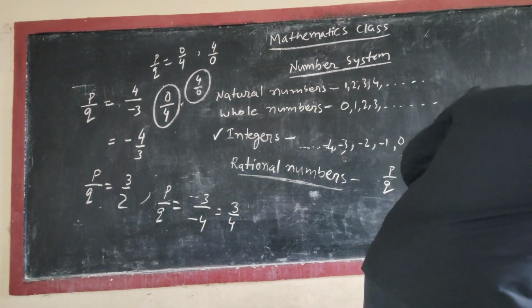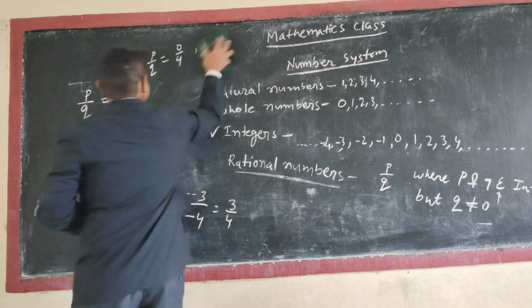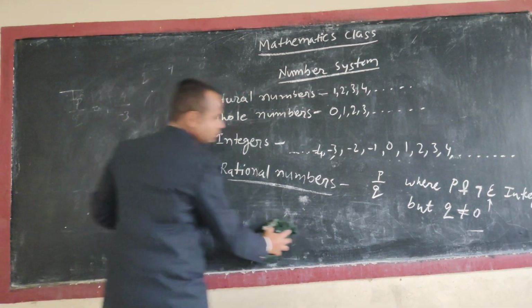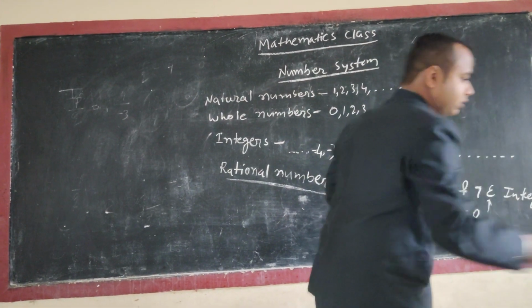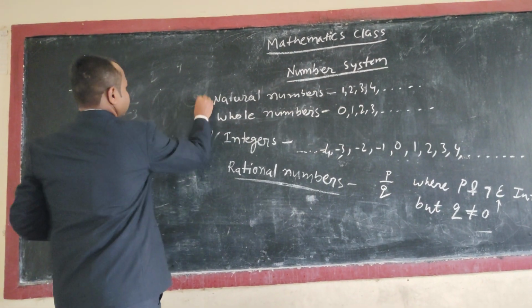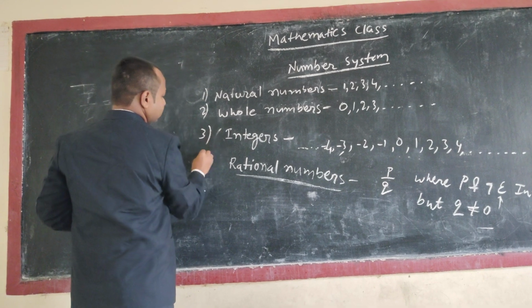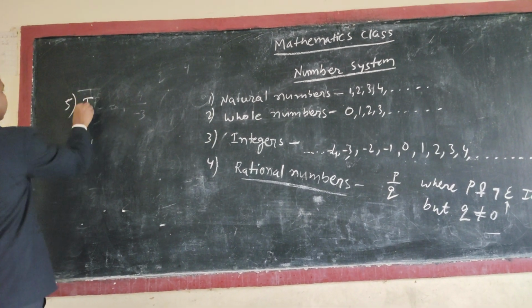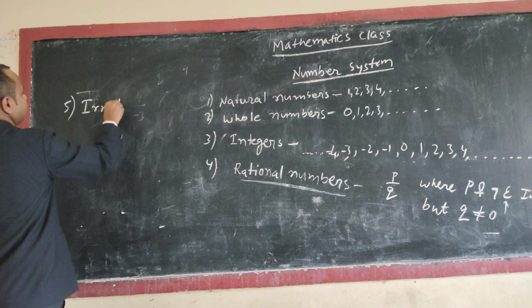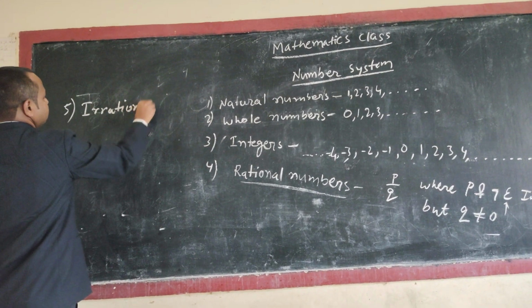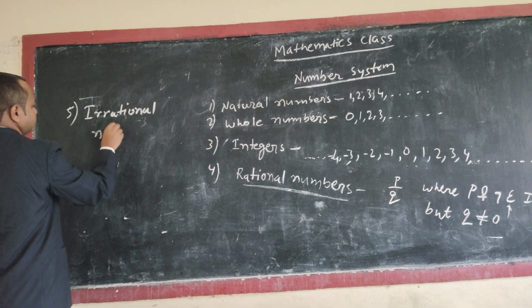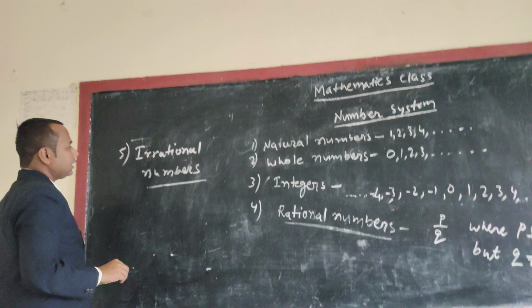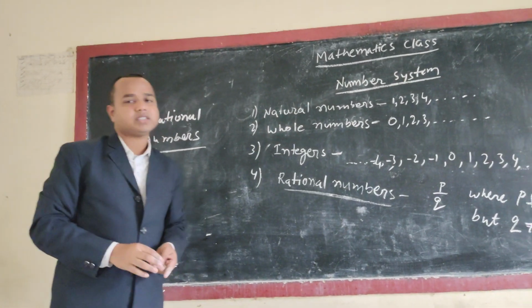Now again, first, second, third, fourth, and fifth: irrational numbers. Irrational numbers are very simple.